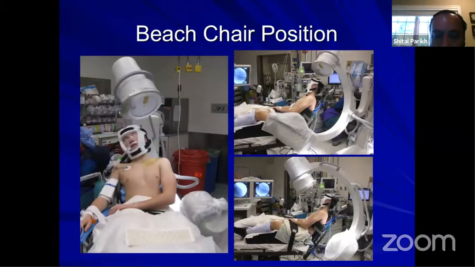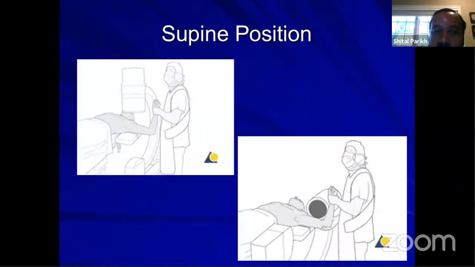You can do it in a beach chair position. You want to make sure when you're reducing and pinning these fractures that you can get orthogonal views. This is one way of doing it, in a beach chair position. The other way is a supine position, where you can rotate the C-arm and do an AP and a lateral view.